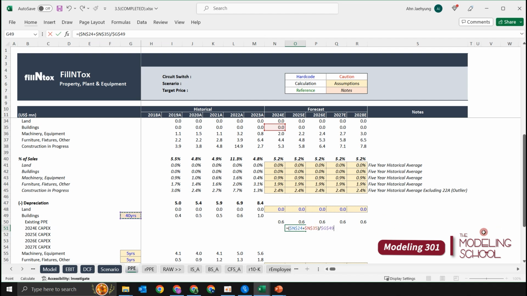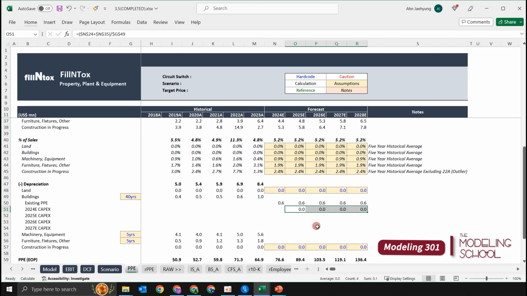So this amount would be depreciated each year. Of course, it looks like 0, but if you add the decimal points, 0.02 will be depreciated.